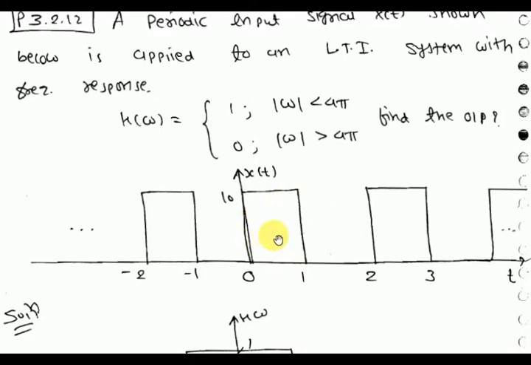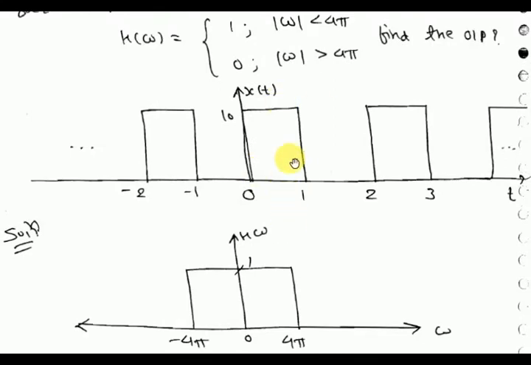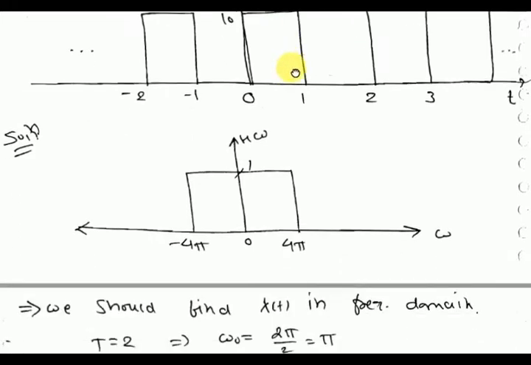For a continuous periodic signal, Fourier series representation is used for the frequency domain, and for an aperiodic continuous signal we use the Fourier transform. So this is periodic, so we will use Fourier series.